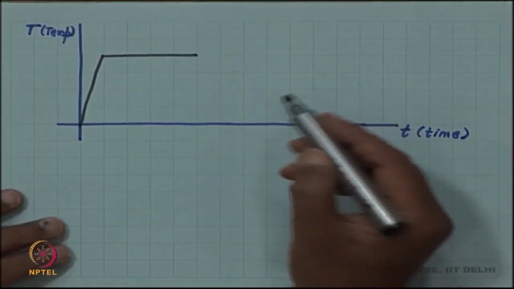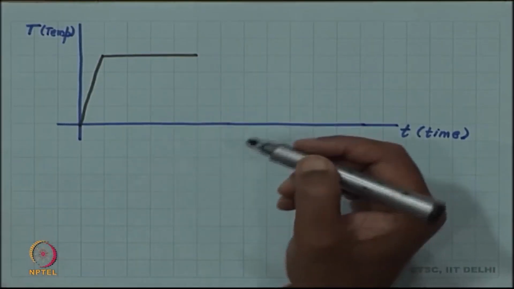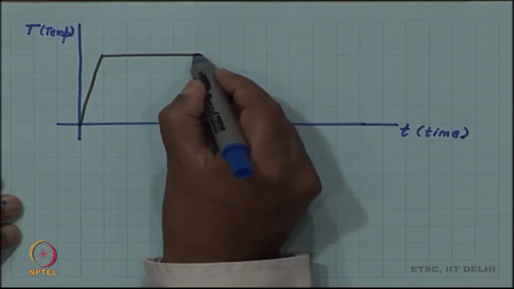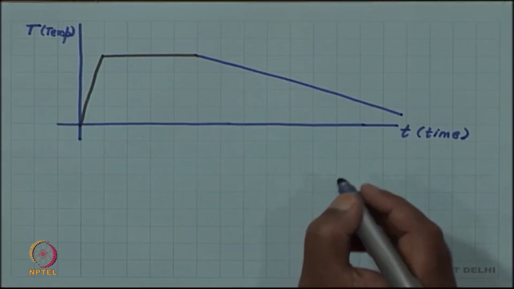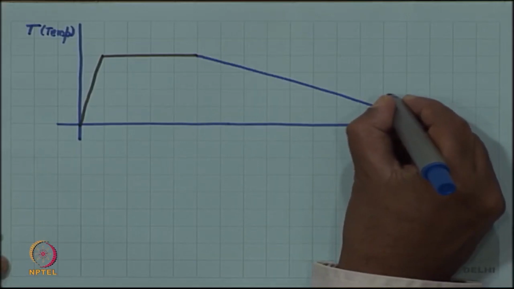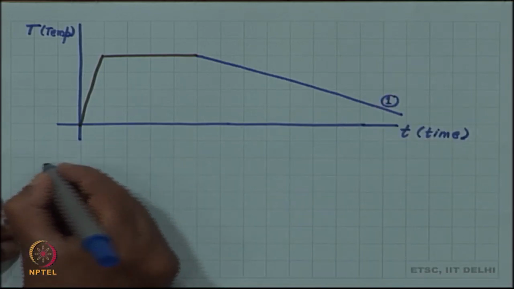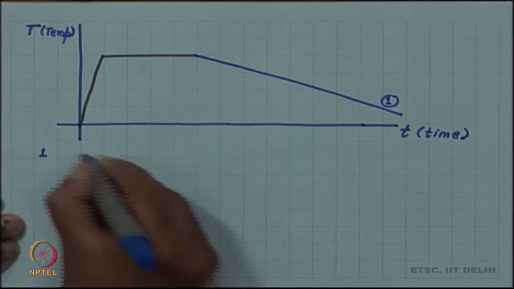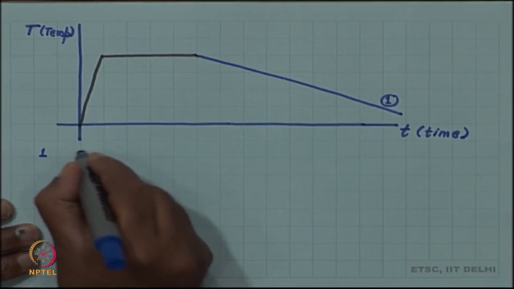Essentially how you cool is what controls these different heat treatments. If the cooling is very slow, so let me show a slow cooling, that is what is called annealing.